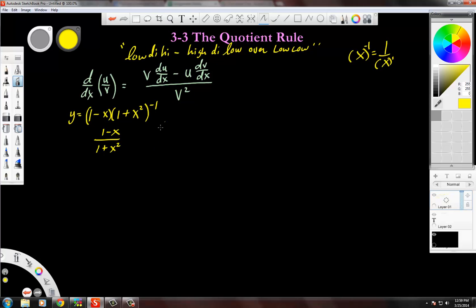All right, so now let's apply the quotient rule, and let me make this a little bit bigger. This will be my u, and this will be my v here. So for v, I'm just going to write it as is, 1 plus x squared, and then I'm going to take the derivative of the top.